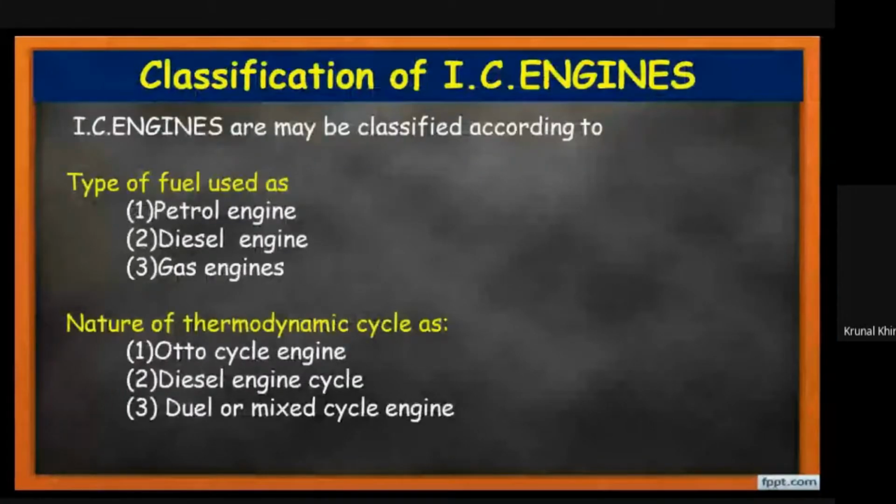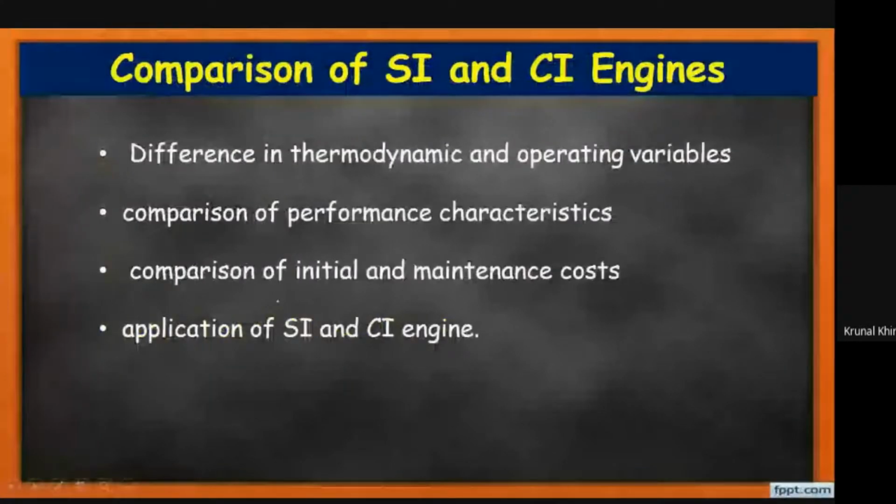The third point is initial and maintenance cost. And the fourth point is applications of SI and CI engine. In today's lecture, we are going to discuss the various aspects of thermodynamics and operating variables for both engines, that is SI and CI engines.